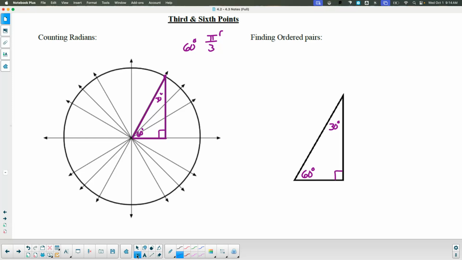So now, once again, my hypotenuse is 1. Yesterday, we learned that the short leg, we'll call it x in this case, the hypotenuse was twice the short leg. So I would have 2x equals 1, which would make my short leg 1/2.